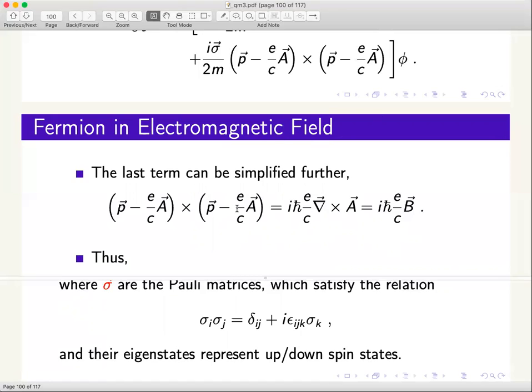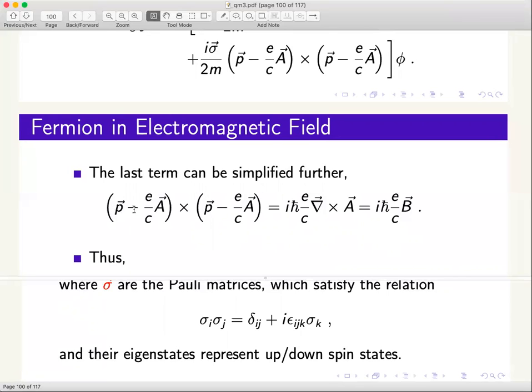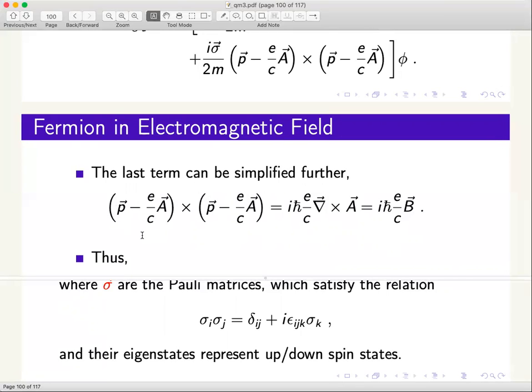So when you write down terms, you find that out of the 4 terms that you would get, 2 terms just vanish trivially, P cross P and A cross A. And then there are 2 terms which survive, of which one term is P cross A and the other term is A cross P with the same sign. Now, when the P goes across, then it actually gives you A cross P with the opposite sign, and therefore the term which is A cross P actually cancels out.